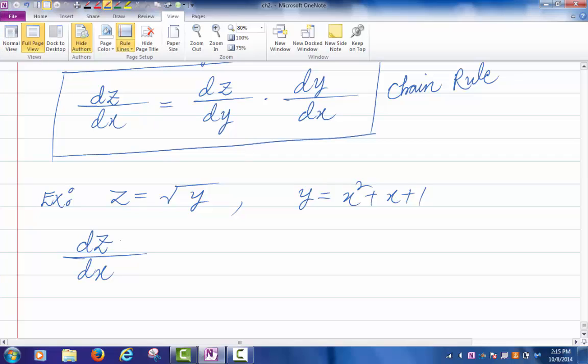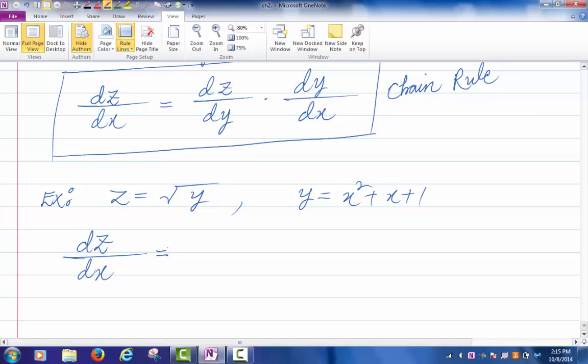Notice that I have a formula for z in terms of y, not x. Of course, you could say that I can find a direct formula for z in terms of x by just plugging in this guy here. So I can find a direct formula, but let's just keep them separate.